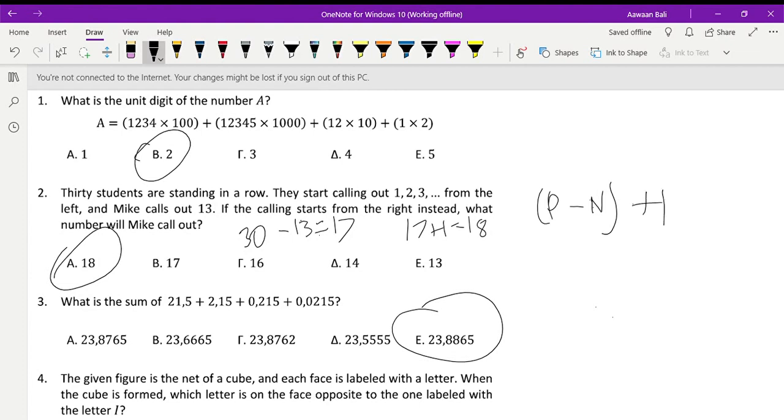So P minus N plus 1. And this is only for cases like these. So therefore the answer is alpha.